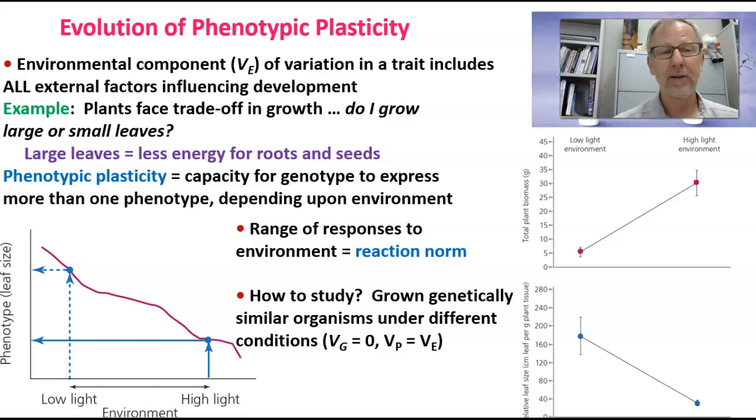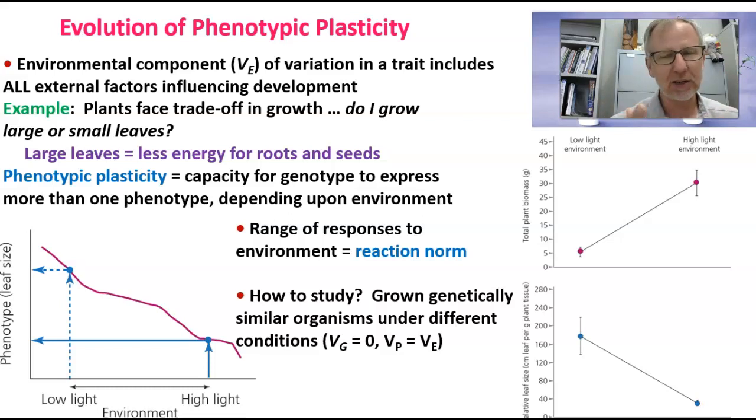So leaves, of course, are the photosynthetic organs of plants. So if we take these genetic clones and we grow them under low light conditions, then leaf size tends to be relatively big. Plants are investing energy into having bigger leaves as their solar panels to capture that light.